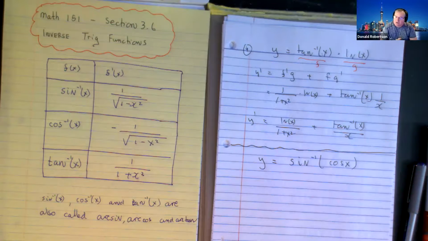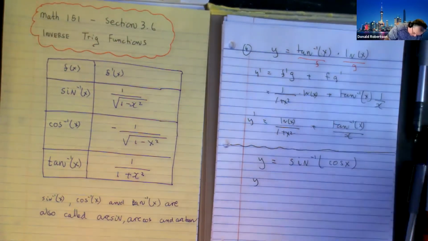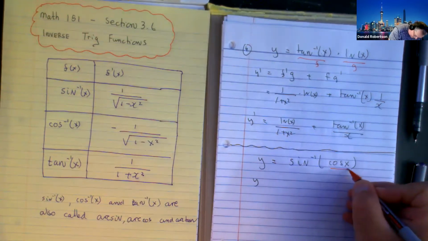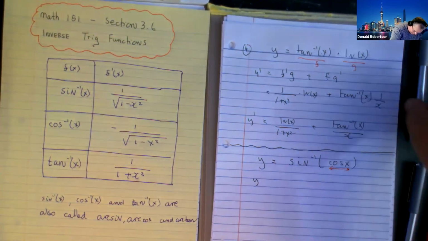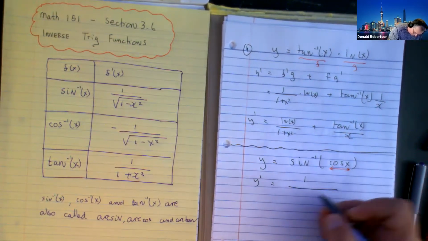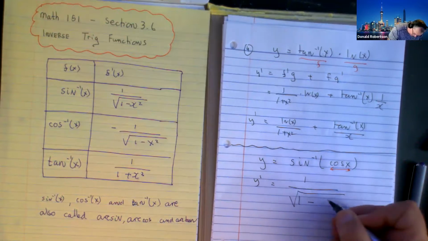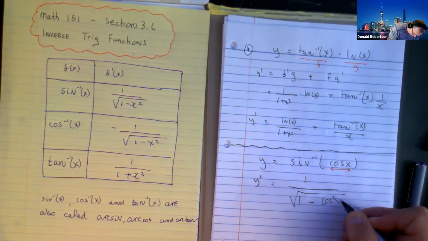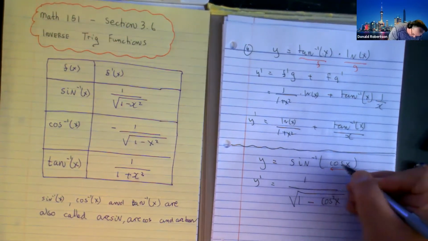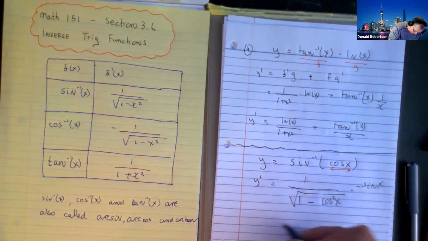I think this one might interact in a very interesting way. So that guy there is my inside function. So its derivative is 1 over the square root of 1 take away that guy squared, times the derivative of that guy, which is negative sine x.